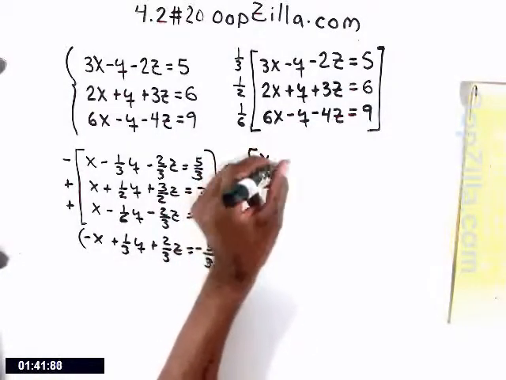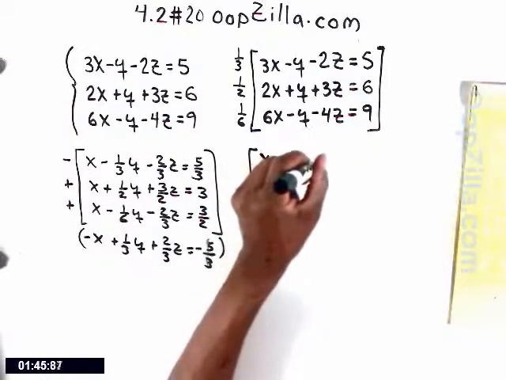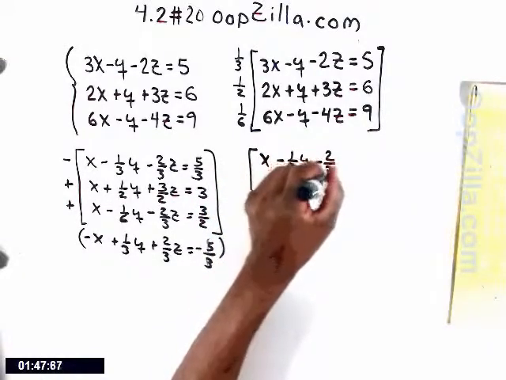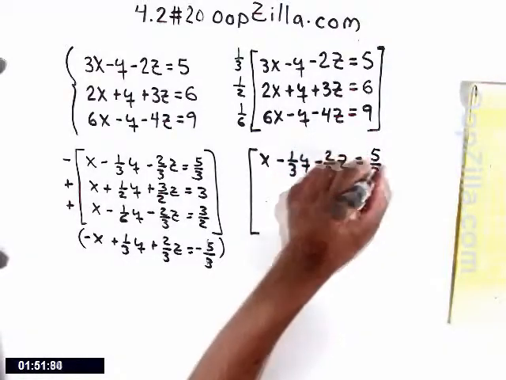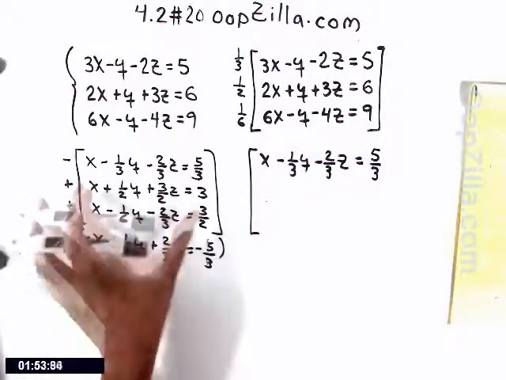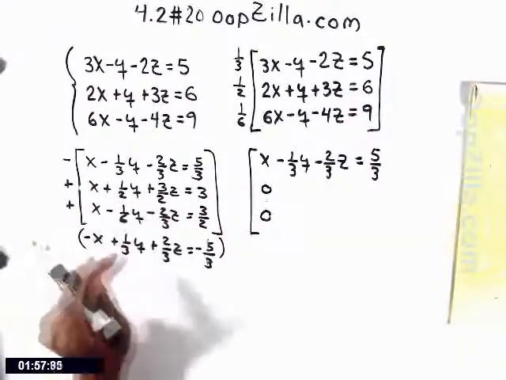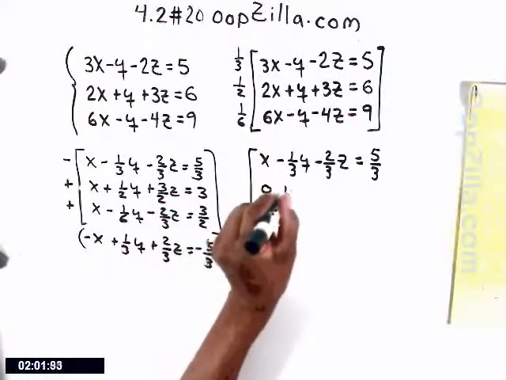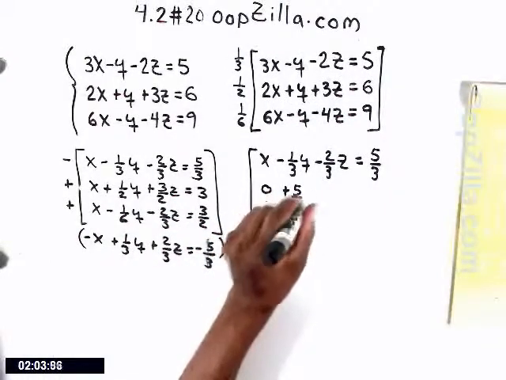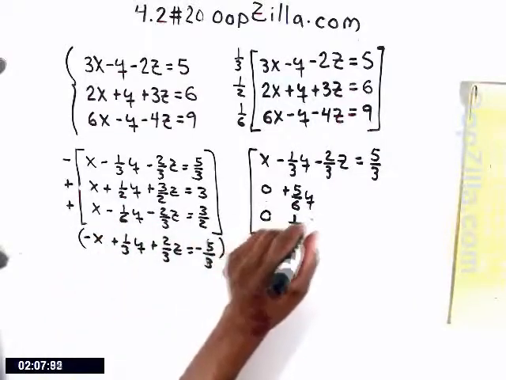Write down the original. That's going to be x minus 1/3 y minus 2/3 z equaling 5/3. Now this plus this, that's going to be 0 and 0. Now this plus this is going to give me a plus 5/6 y. This plus this is going to give me a 1/6 y.